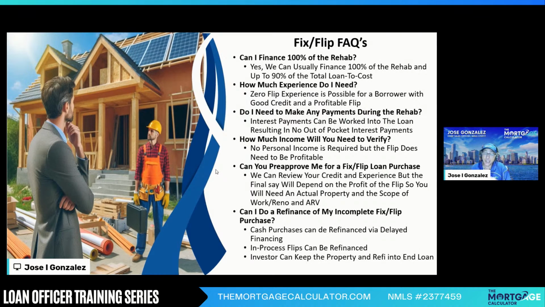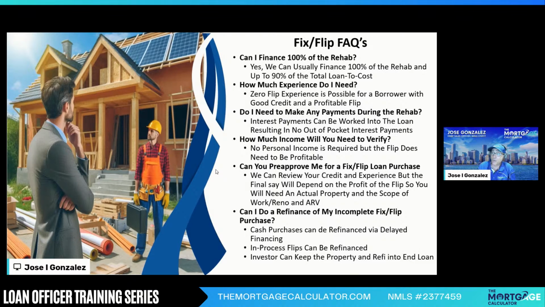The answer is sort of. Why is the answer sort of? Because unless you have an actual property, right, with an address, and unless you have an actual ARV and the as-is value and all the other components needed to assess the flip, you can't really pre-approve that flip that doesn't yet exist.